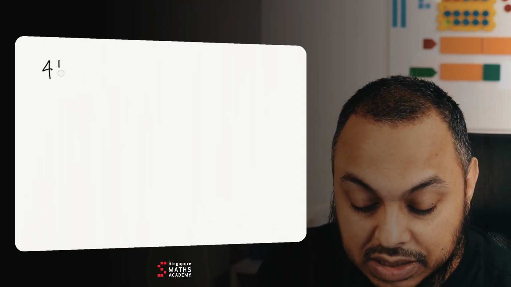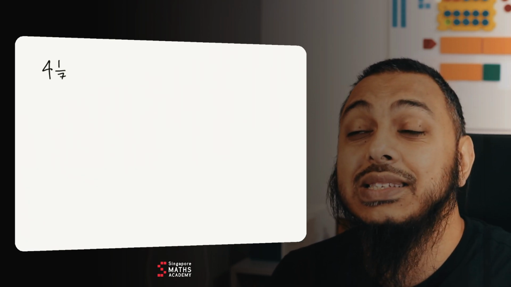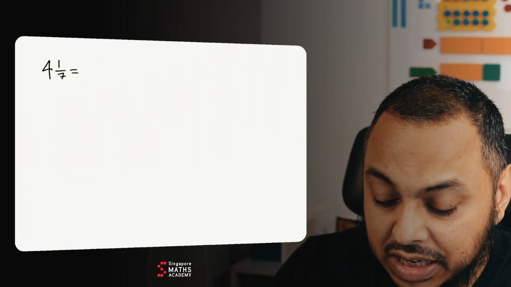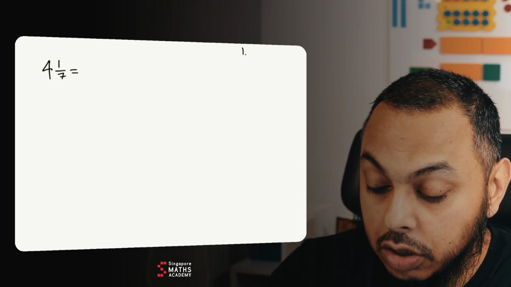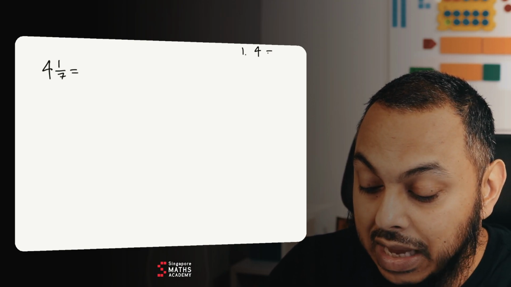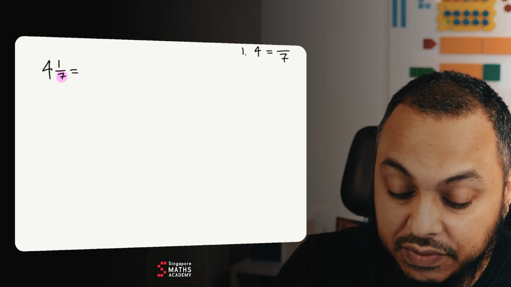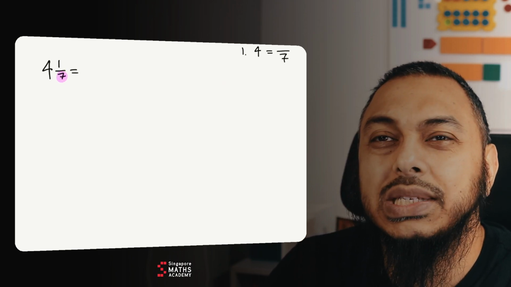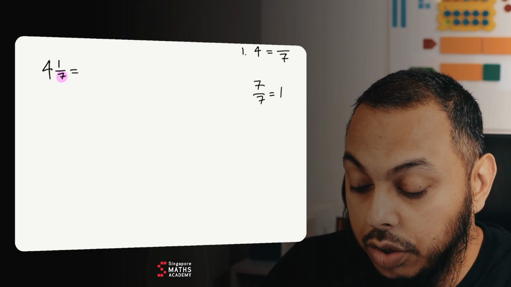Okay, so let's have something else, right? Let's have sevenths. I've got 4 1/7. Can I change this into an improper fraction? So our first step was change the whole. I've got 4 wholes. How many sevenths is that going to be? Why have I chosen sevenths? Because I've already got sevenths here, right? So I know 7 lots of sevenths is 1 whole.